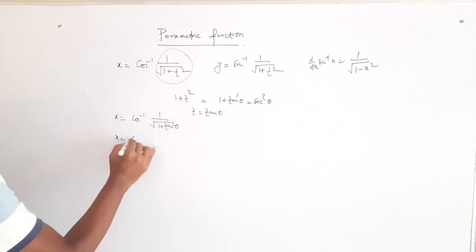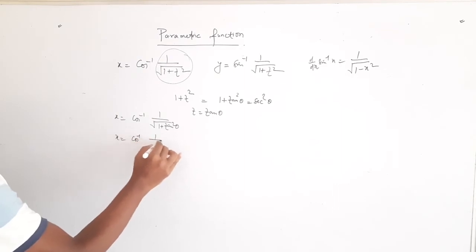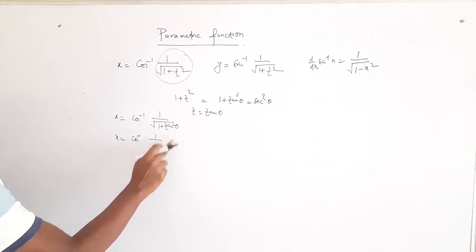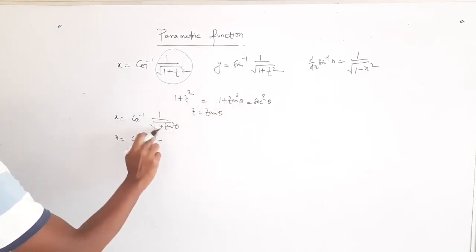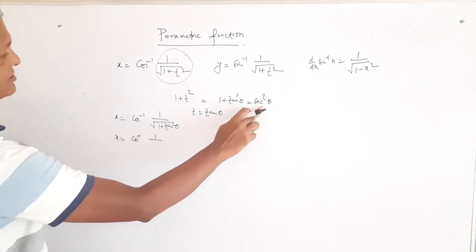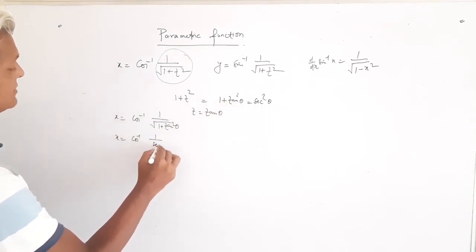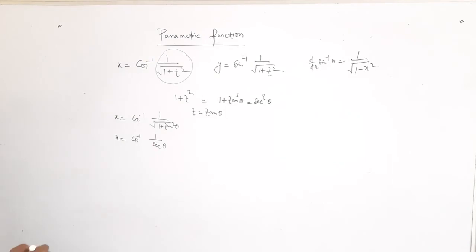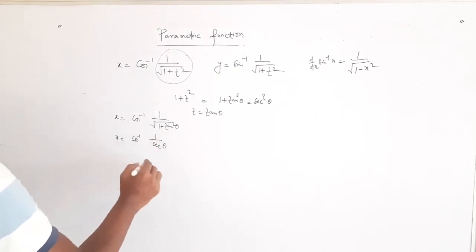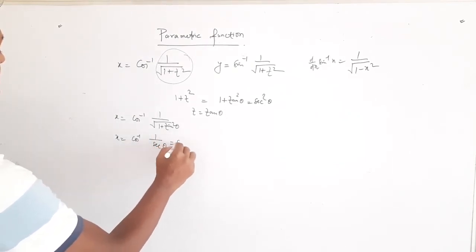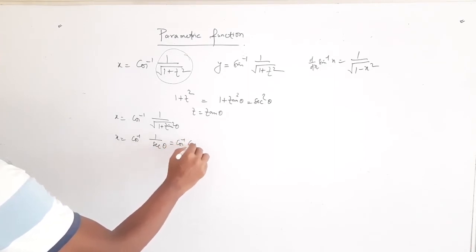So x equal to cos inverse 1 upon, and 1 plus tan square theta is sec square theta, and it's in the square root. If it is sec square theta, it will become just sec theta. And then reciprocal of sec theta is cos theta. So this is cos inverse cos theta.